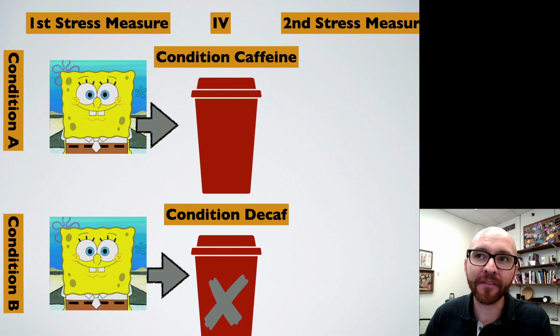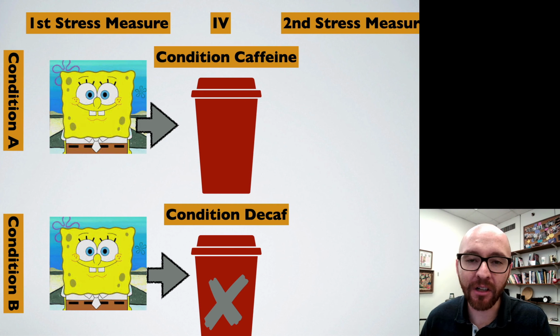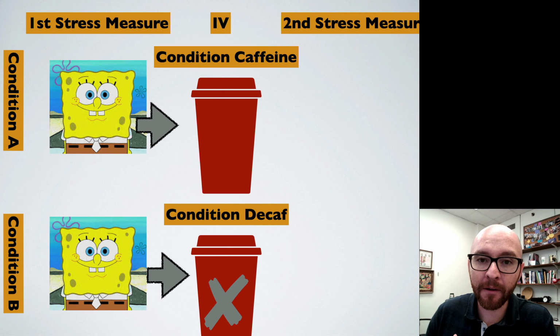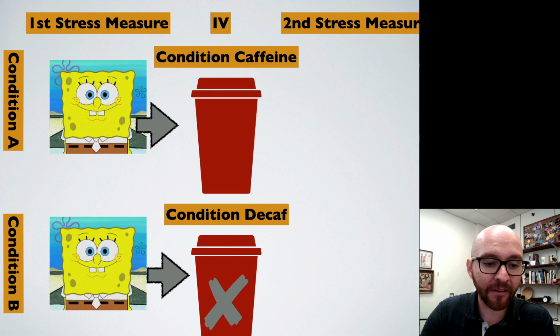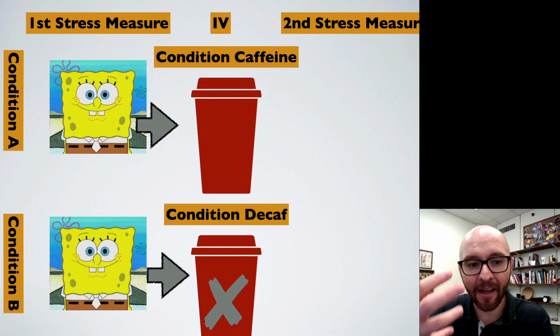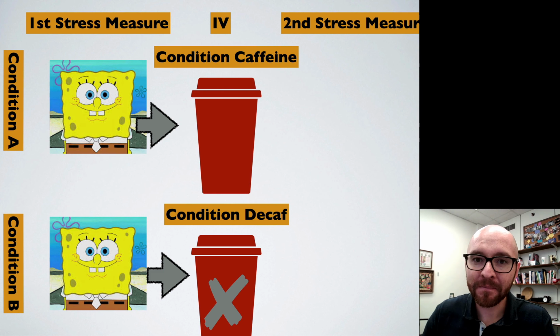Well, what if I didn't fully trust my random assignment? What if I had a difficult time randomly assigning participants and I want to make sure that before exposure to my IV, the two groups I created were equal, were comparable, right? So here, for example, these pictures represent kind of the average stress of the SpongeBob groups.